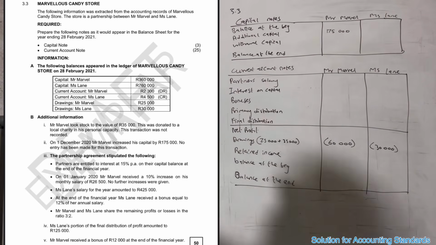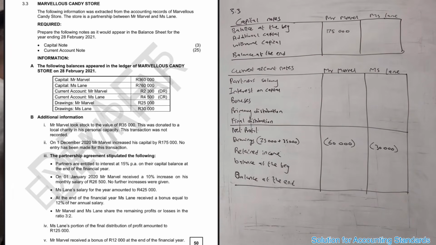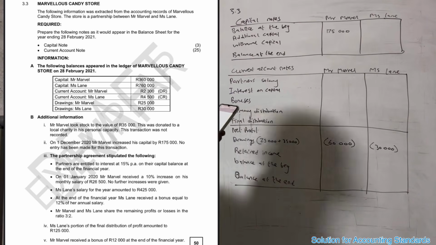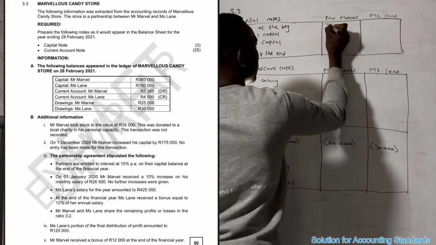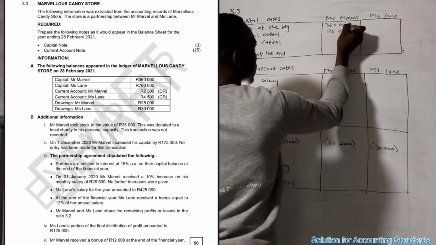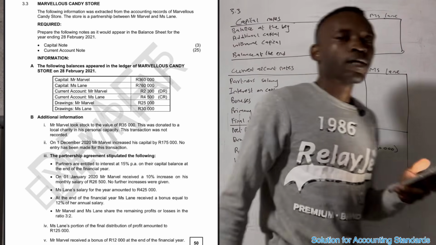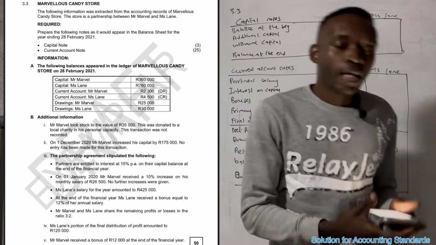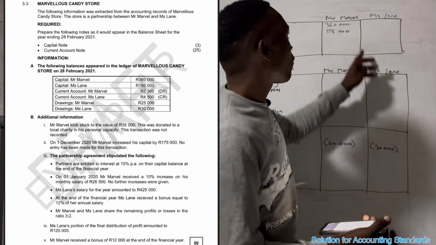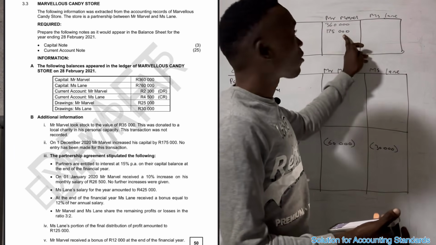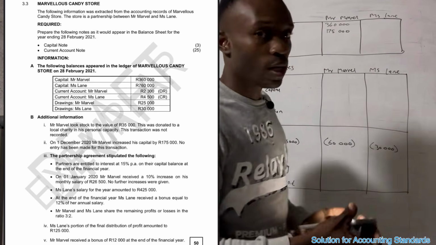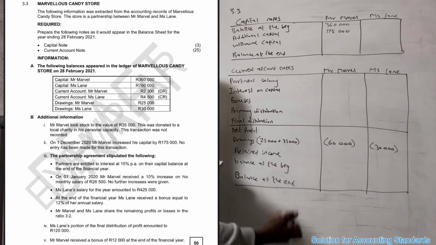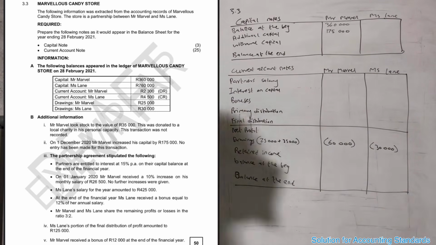Okay, and they say that this was not recorded, which means that the 360 for Marvel was the balance at the beginning. If it was recorded, guys, that's where you were going to do what? To first subtract this 175,000 from this amount and you get balance at the beginning. But it was not given. Okay.